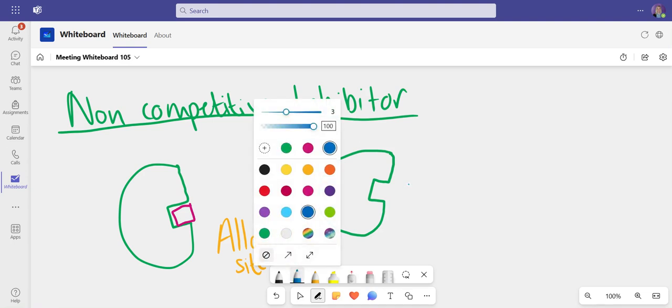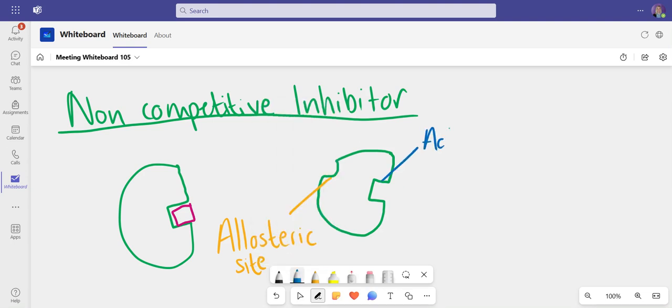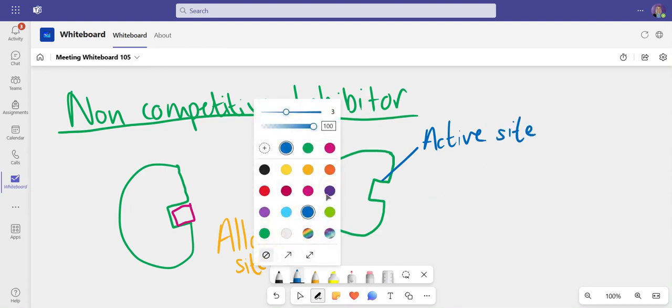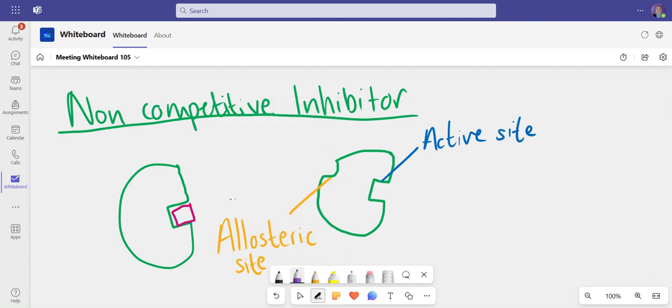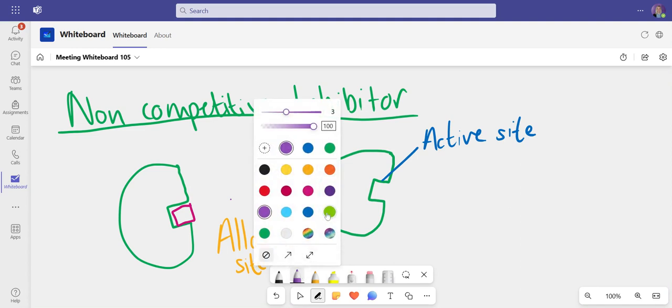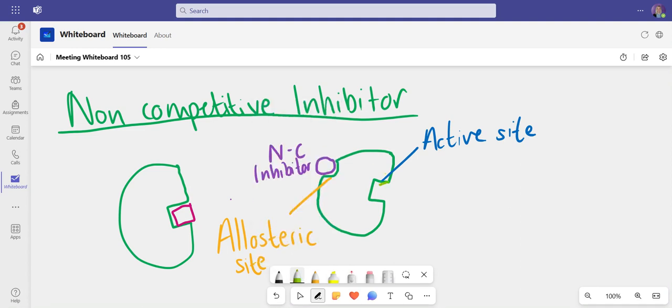So this site over here is still called the active site. But now we've got a second binding site called an allosteric site. And the non-competitive inhibitor will bind just here. Okay, so this is our non-competitive inhibitor. So it binds to the enzyme somewhere that's not the active site. And what that causes to happen is it causes the shape of the active site to change shape.